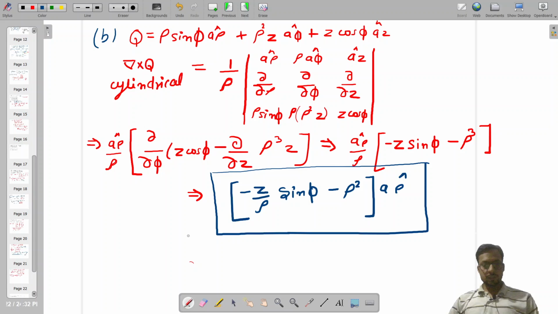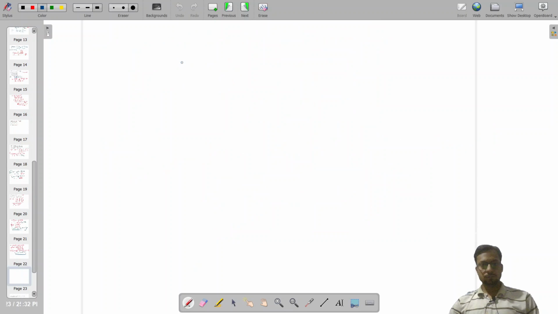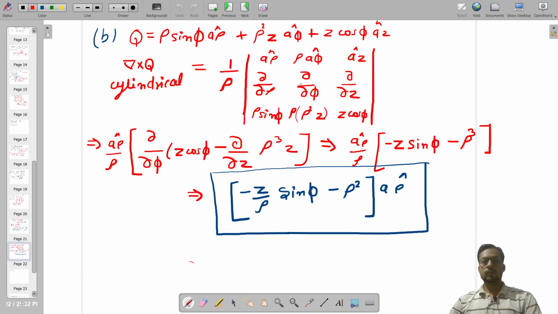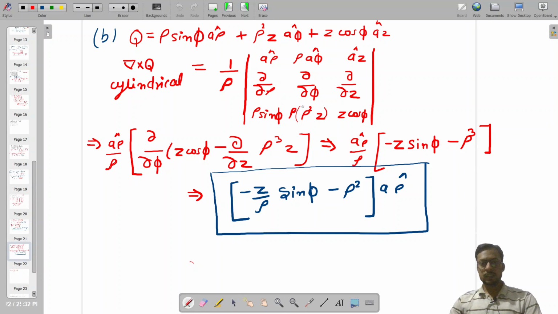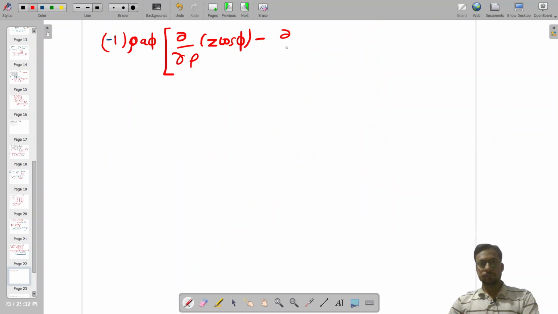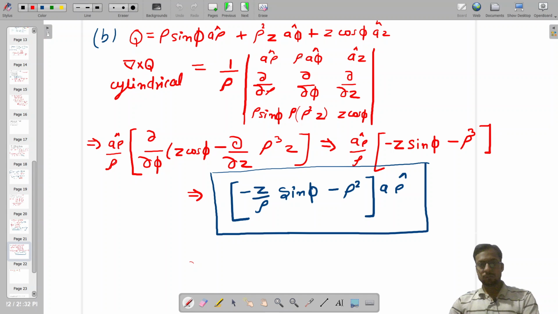Now the second term. We have del upon del rho of z cos phi minus del upon del z of rho sin phi.